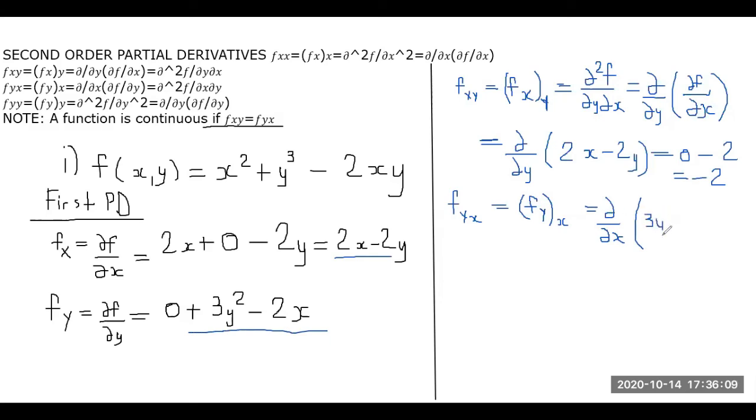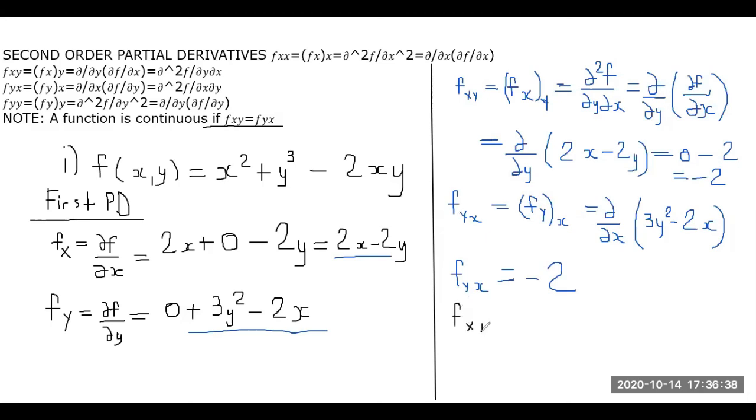And so fyx works out to be, when we differentiate it with respect to x, minus 2. Nice.